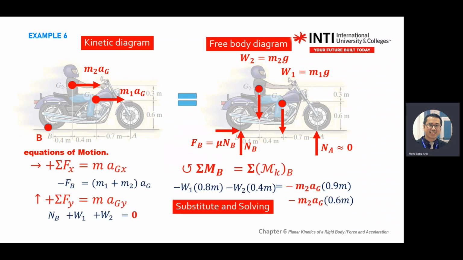When you do the equation, don't go and straight away substitute mu N in your equation. Find the complete friction first, because you don't know what this value is. Some of you like to substitute this one inside here.